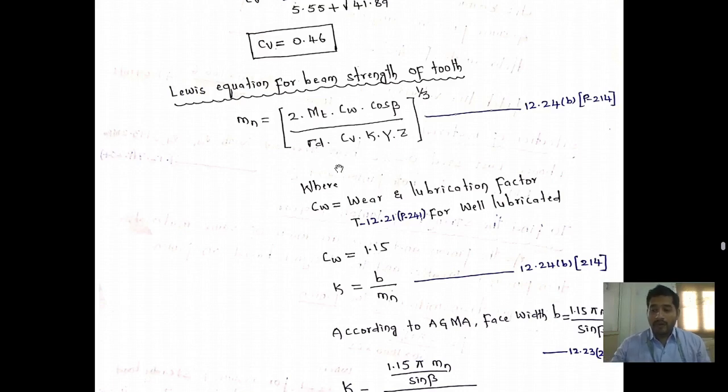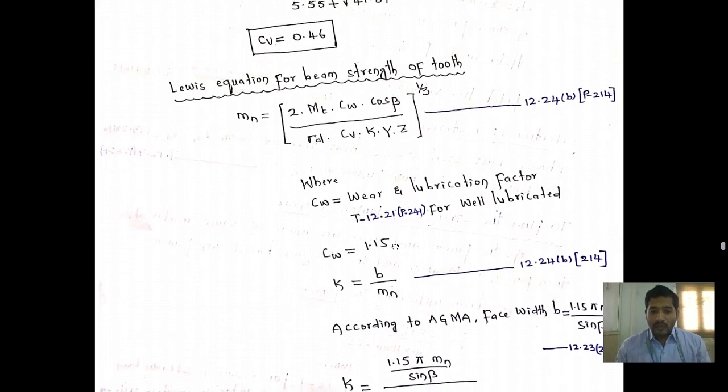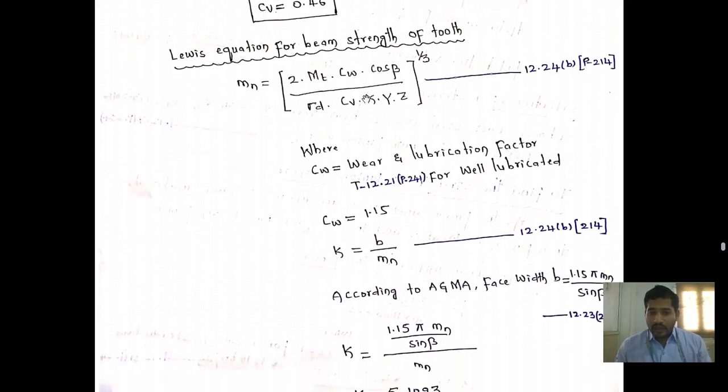We know the velocity factor, and K is the load factor, Y is the form factor, and Z is the number of teeth on the gear. The K formula is different in the helical gear. We have to use K equal to B by Mn.